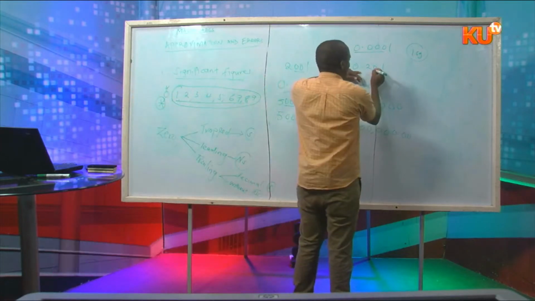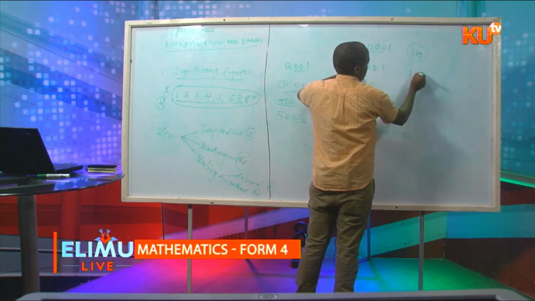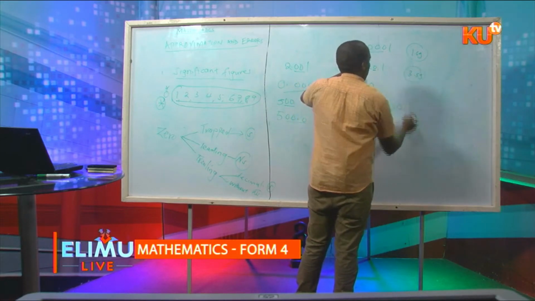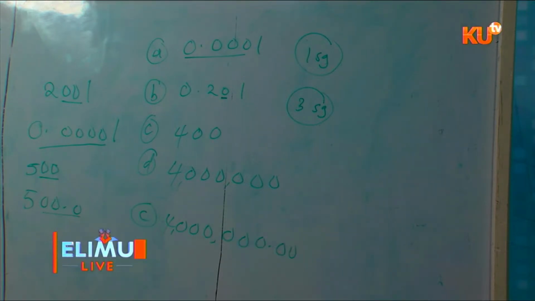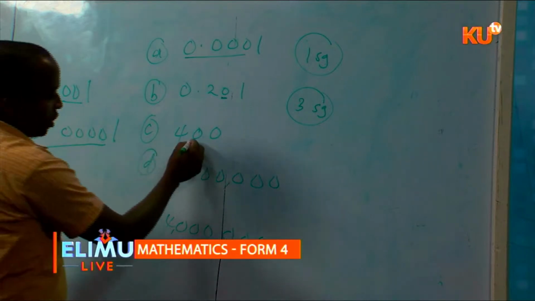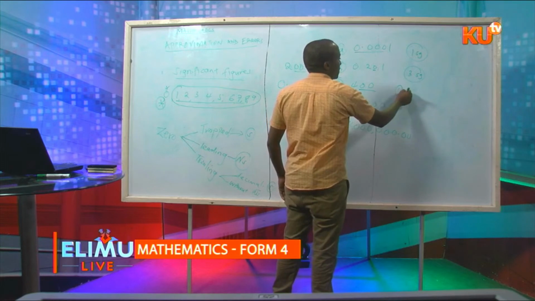So the other digits are significant, and we have three significant figures here. Come to our third example. We have 400. Those are trailing zeros, but they don't have a decimal point. These two are not significant. So you have only one significant figure there.